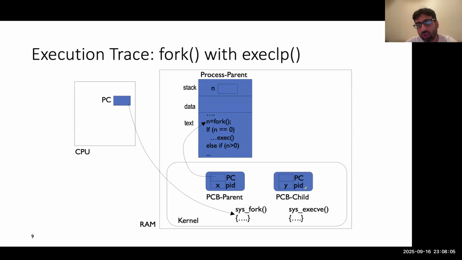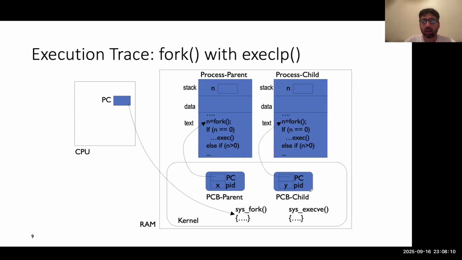As a result, the process control block for the child process is also created, and its PC points to the same point in the text segment. Then the values of n are set: in the parent it is set equal to y, and in the child it is set equal to 0.